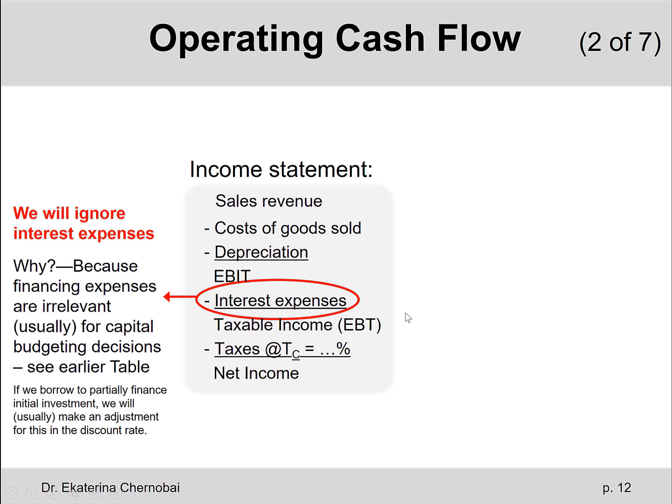However, there are a couple of things that we finance people do differently. First, remember from the earlier slides, interest expenses on loans are considered irrelevant for capital budgeting decisions, right? We are not going to use interest expenses in our net present value calculations.